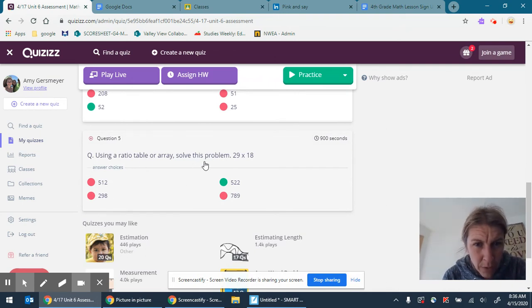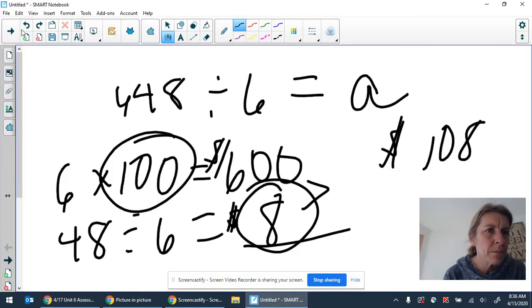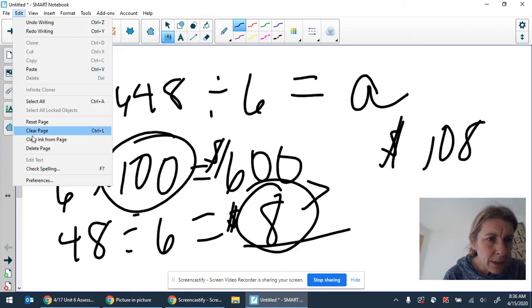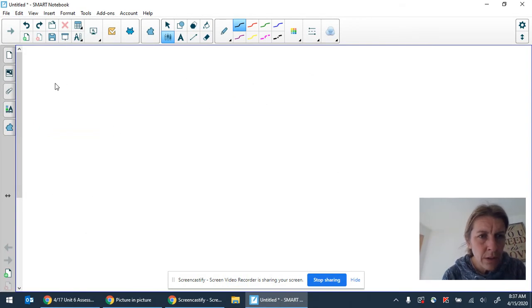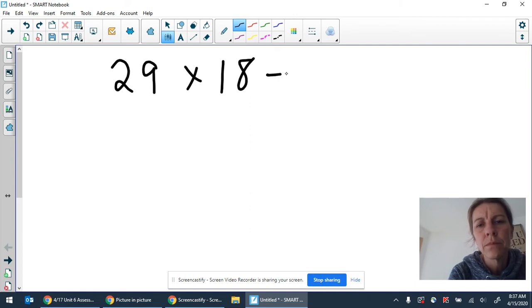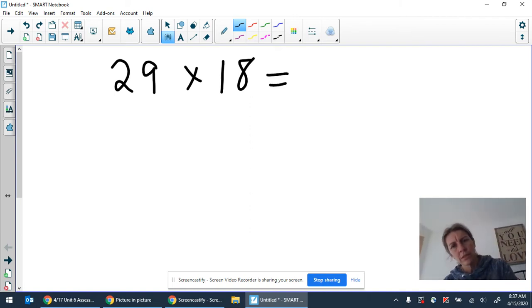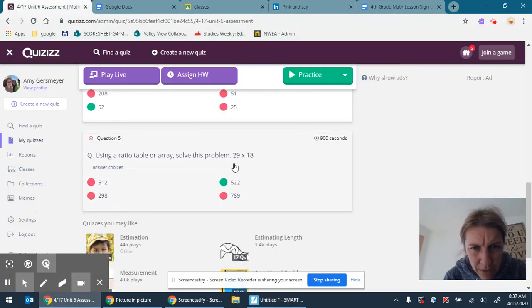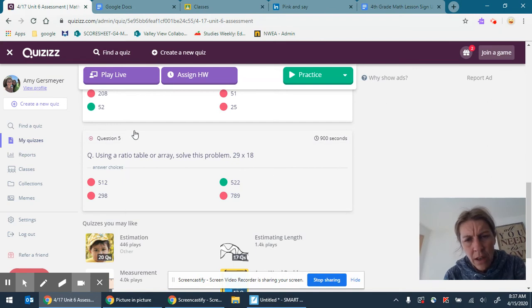Use a ratio table or array. Solve this problem. 29 times 18. Let's go ahead and do that. Let's clear the page here. 29 times 18 equals. So let's first do a guesstimation here. 30 times 20 is 600.